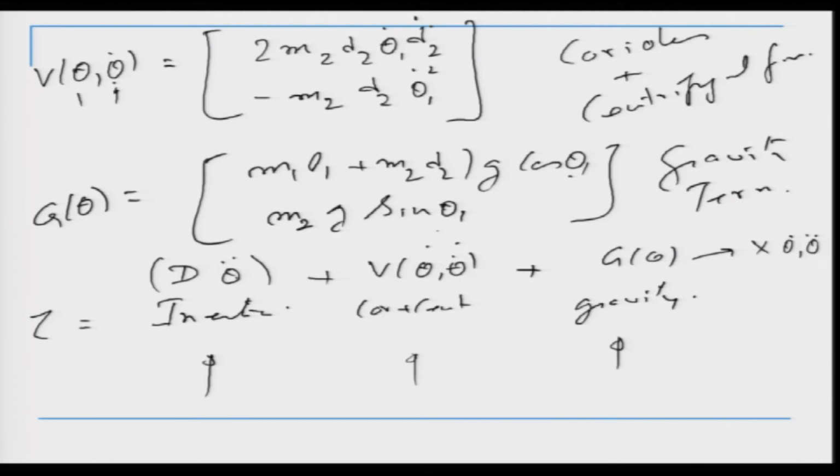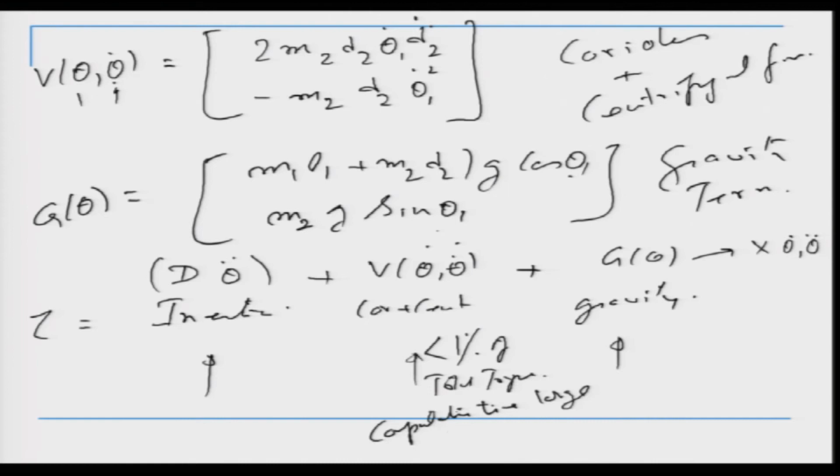Out of these components, the Coriolis and centrifugal forces are very, very small, less than 1% of total torque for a normal system, but the computation time will be very large for computing them.